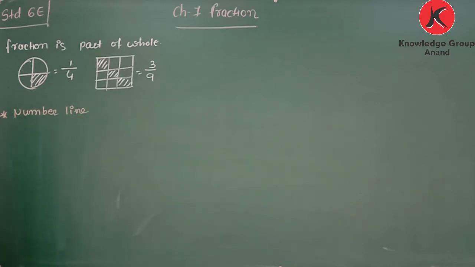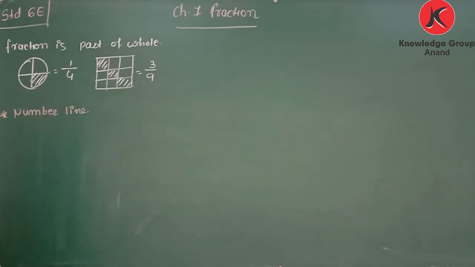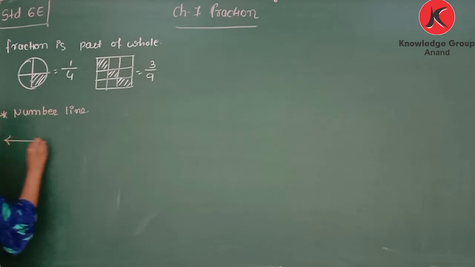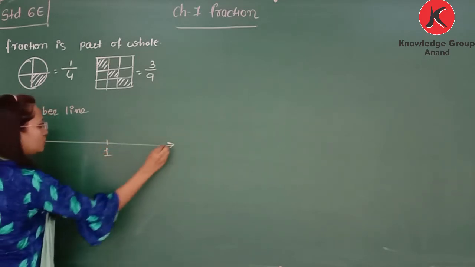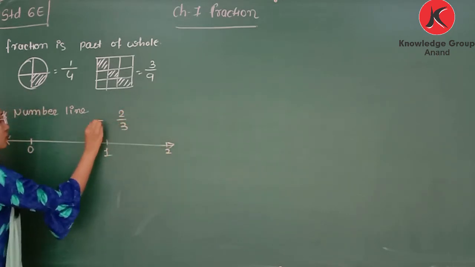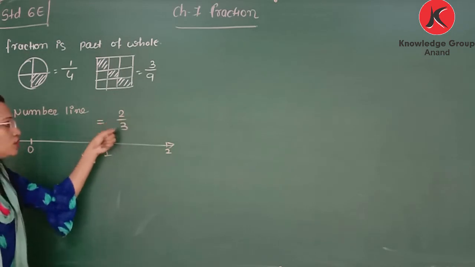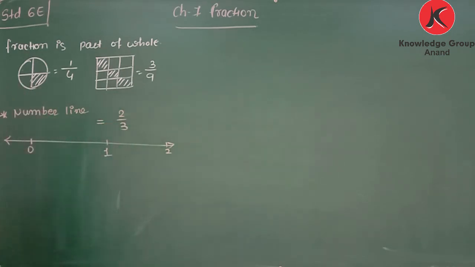Number line means, as we draw the simple number line of integers and natural numbers, we can draw a number line: 0, 1. If we want to represent 2 by 3, it means this 3 represents the total parts of the given one.